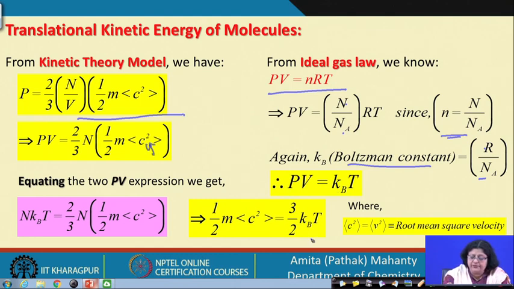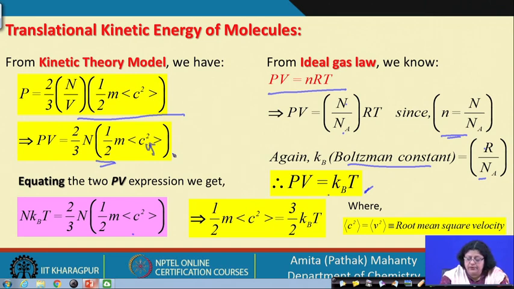So, what do we have? We have two expressions of PV. Just have a look. This is what we have just now derived from the kinetic model, and this is what we have from the ideal gas law. Now, equate these two. If I equate these two, this is what we have from the ideal gas law, and this is what you have for the ideal gas from the kinetic model.